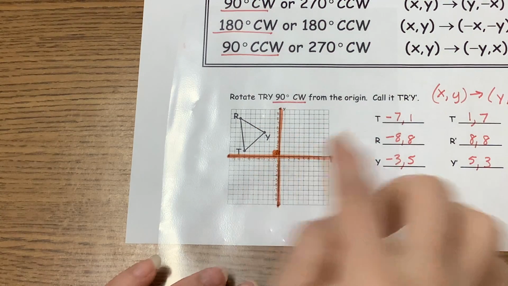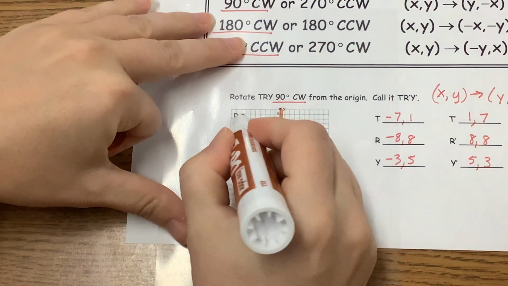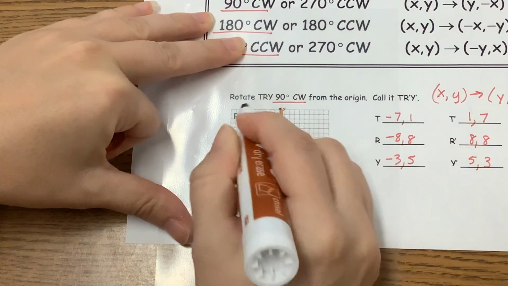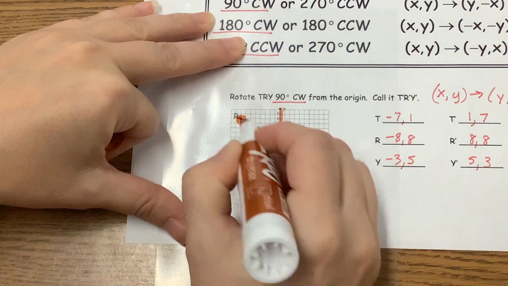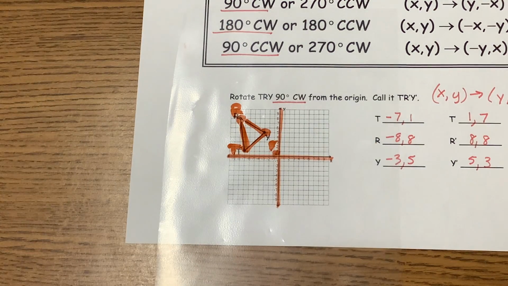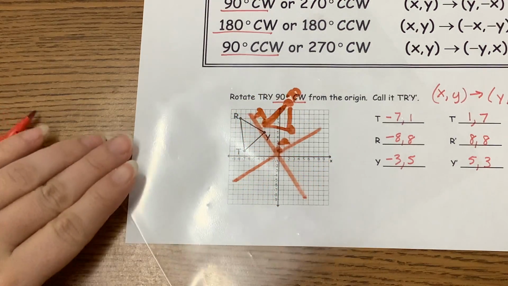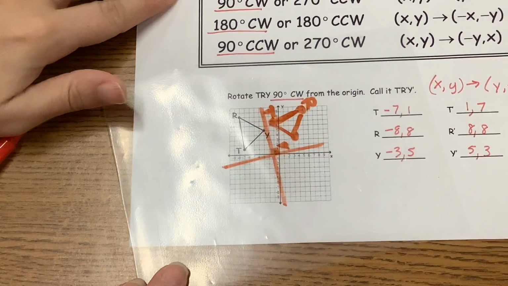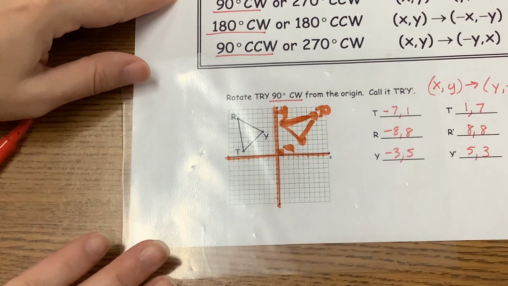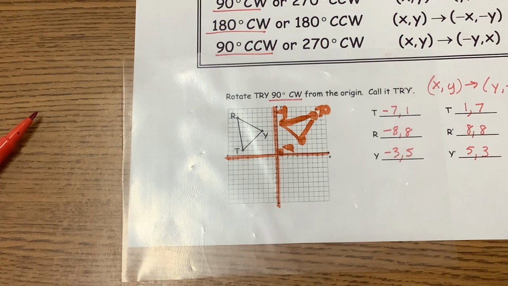And so I'm just going to keep all of this in line and just rotate it to the right. So this is R, Y, and T. And so moving it clockwise 90 degrees, it would land over here and look like that. So when you graph it, that's what it should look like.